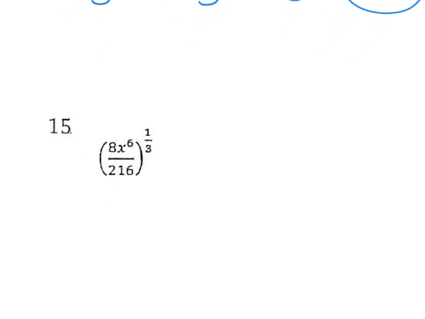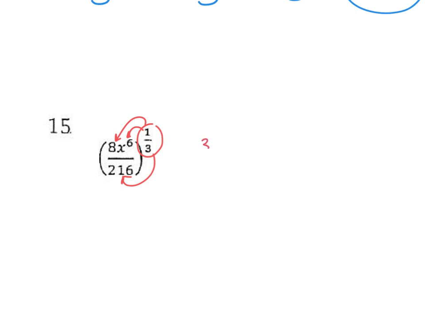Let's look at one more. This one's a bit intimidating, right? We have an exponent on a fraction, and the exponent's a 1/3. So we can do a few different things here. What I notice is that both of these numbers, 8 and 216, are perfect cubes. Because they're perfect cubes, we can simplify them directly by applying this exponent to every term inside.